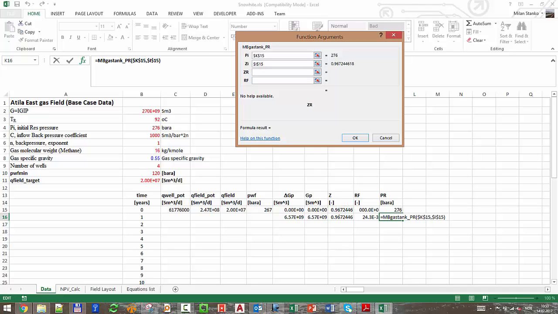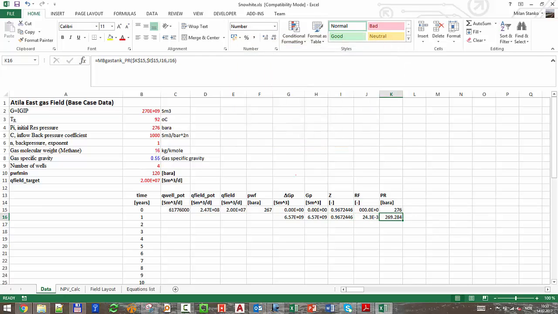Current z, that is going to use all the time the pressure from the previous year, and the recovery factor. Okay, and I got that the pressure truly didn't change that much, 269. But if you want to make it better, now you should use 269 for z. You obtain a different pressure, repeat and repeat and repeat until that value reaches some convergence.